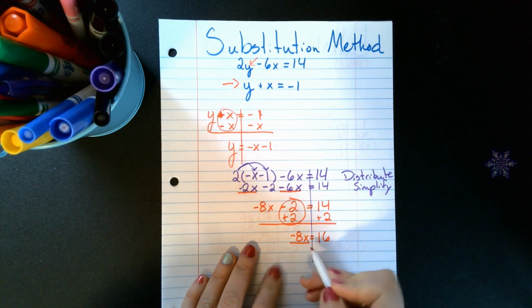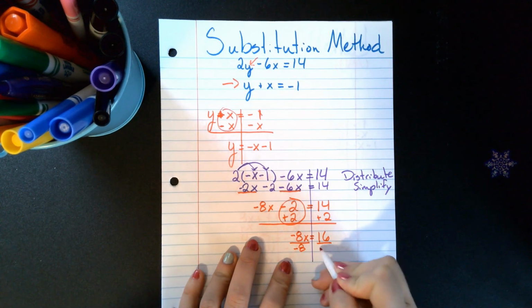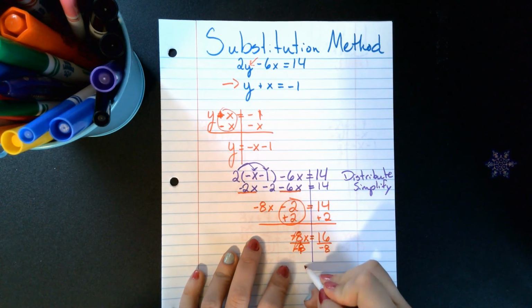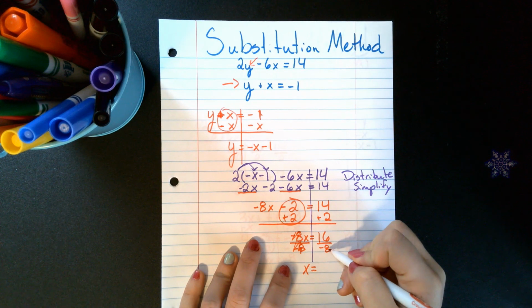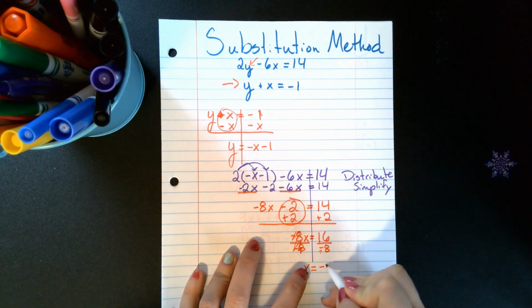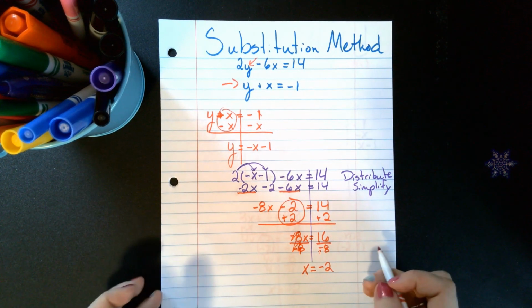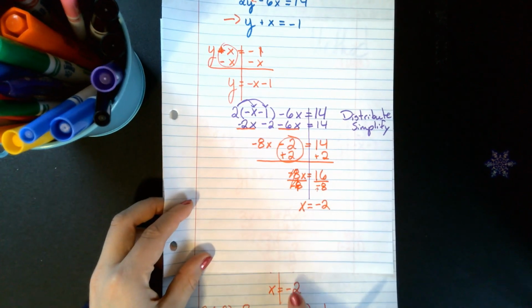All I need to do now is divide by negative 8. These cancel out. I'm left with 1x. 16 divided by 8 is 2. Because of this pesky little negative, though, it is a negative 2. Voila. And if we go take a look, I got negative 2 in the last one, too.